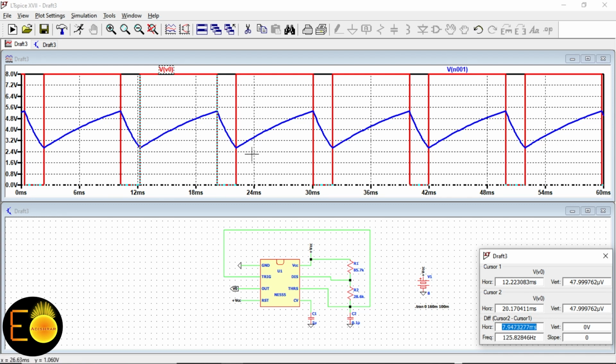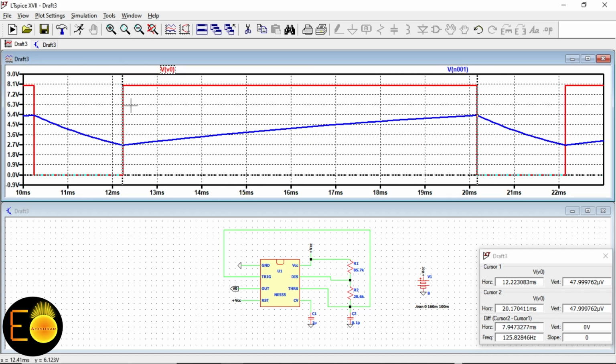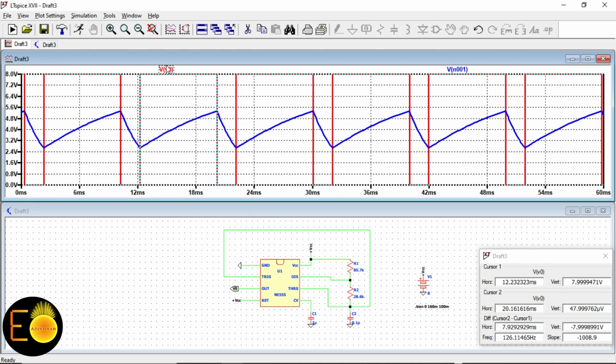Anyway, so 7.94. If I zoom it in, and if I place it much more precisely, I may find 7.939. Okay, so it's appearing close to our desired result, that is 8 millisecond I have assumed, and out of that 8 millisecond it's appearing 7.92.